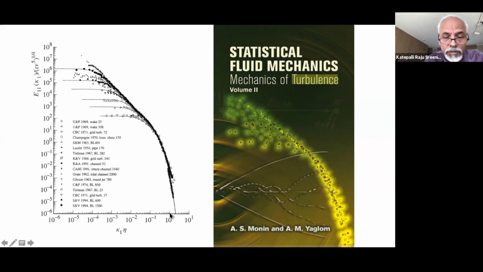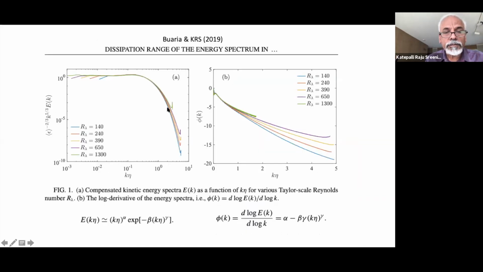Now, notice that this is only for k eta equal to 1. Almost no experiment has gone beyond 1. So if you want to stretch this a little further into the small scale beyond that, this is what you find, that there are increasing departures from this universal scaling, or if you take the derivative of that, that's the way it is.